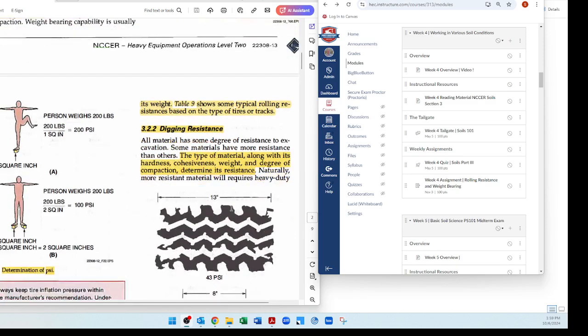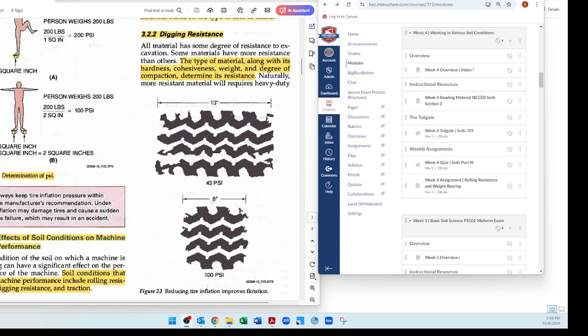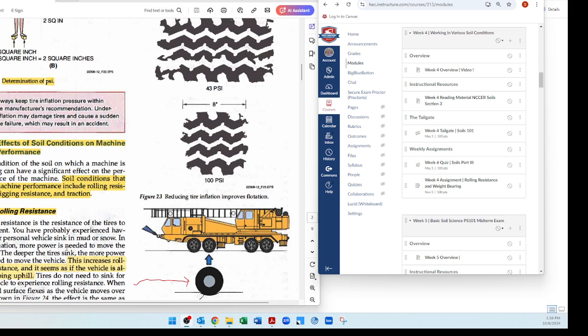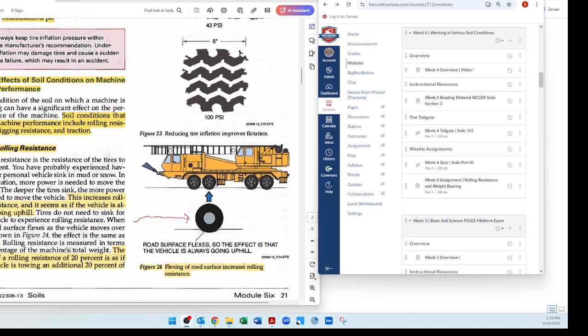Moving on, here's where we found the square inches of the surface. Let's read about rolling resistance. We're eventually going to have to do some rolling resistance calculation. It's the resistance of the tires to movement. If you've ever driven across what is called elastic soil, that is where the soil deforms and makes a rut.